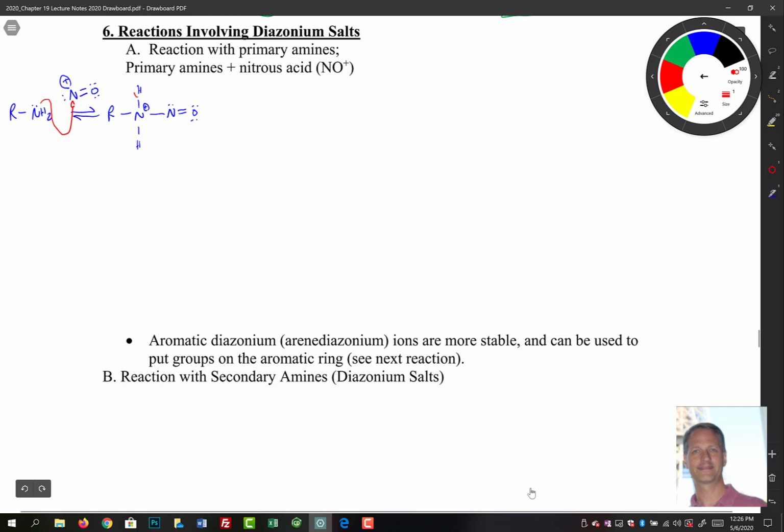Now we can lose either one of these H's, so we're going to do that with water as our base. So we're going to swing around and grab that H, put that lone pair back on your nitrogen. That'll give you an R and the lone pair, and then our N double bond O, just like that.